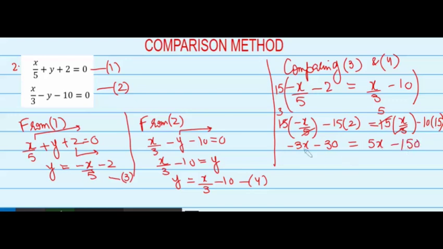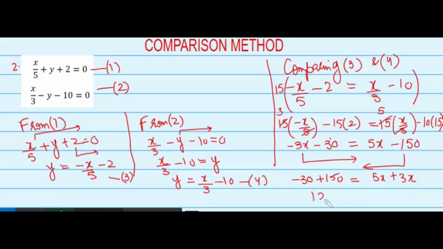Okay, so we have only x terms in this equation, no y term is there. So shifting this negative 3x to the other side, and this negative 150 to the left side, right? So we have minus 30 plus 150, it is equal to 5x plus 3x.